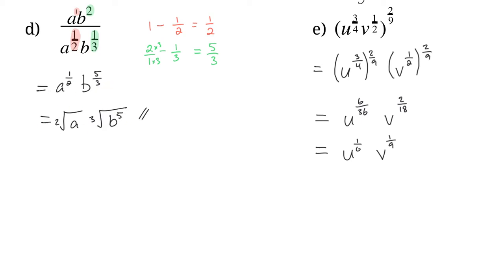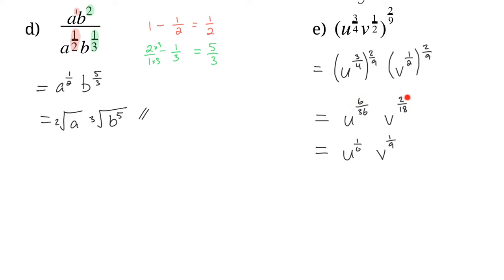So in the last question, since we have a power of 2 over 9 on the outside of this, we had to apply the power of a power rule. So all of these exponents are being multiplied by 2 over 9. So 3 over 4 multiplied by 2 over 9 is 6 over 36, and 1 over 2 multiplied by 2 over 9 is 2 over 18.